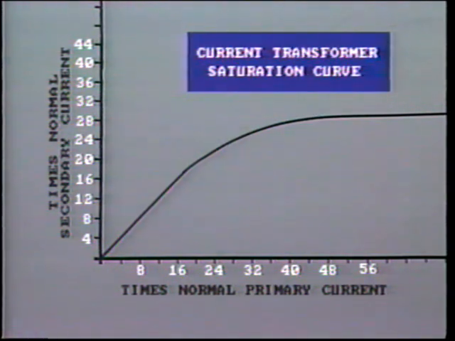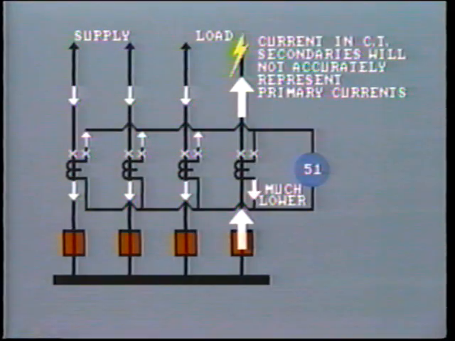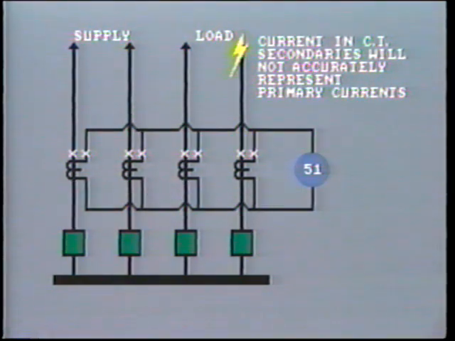This saturation curve shows that for current flows over 20 times rated, the secondary current is no longer in proportion to the primary. The secondary current on this saturated CT will be much lower than the sum of the secondary CTs 1, 2, and 3. The resulting imbalance would look like a bus fault and cause the relay to operate.